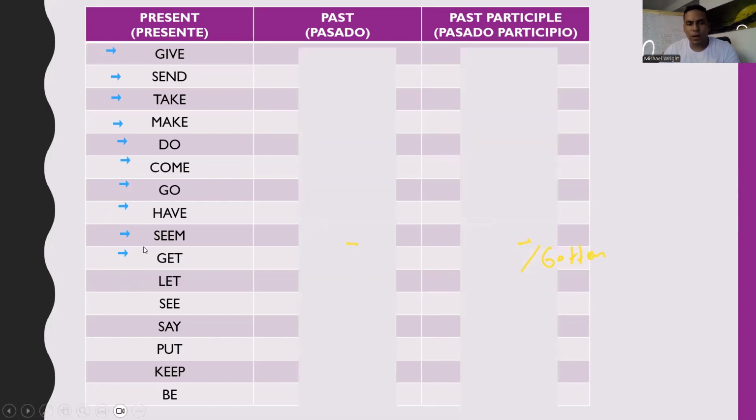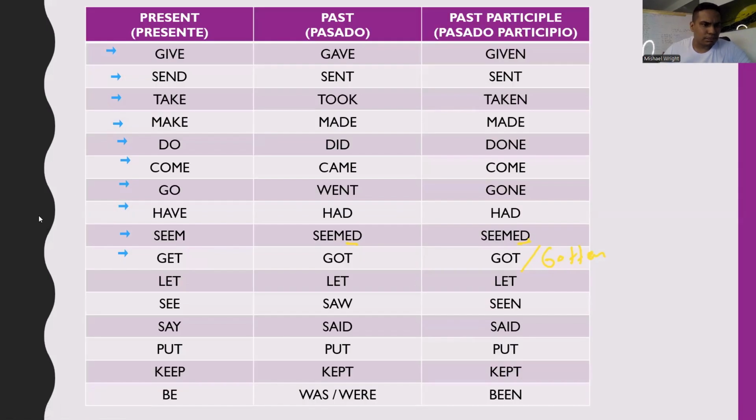You can say let, see, saw, seen; say, said, said; put; keep, kept; be, was, were, been. Got it? You gotta learn them by heart, la memoria.